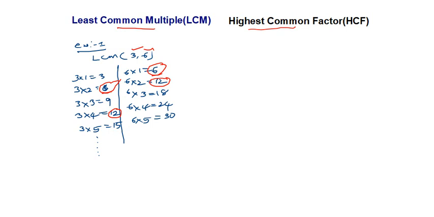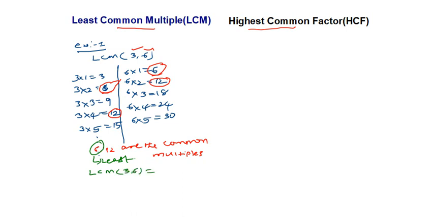So 6 comma 12 are the common multiples. Among these, which is the least number? The least number is 6. So what is the answer? LCM of 3 comma 6 is equal to 6. This is the answer.